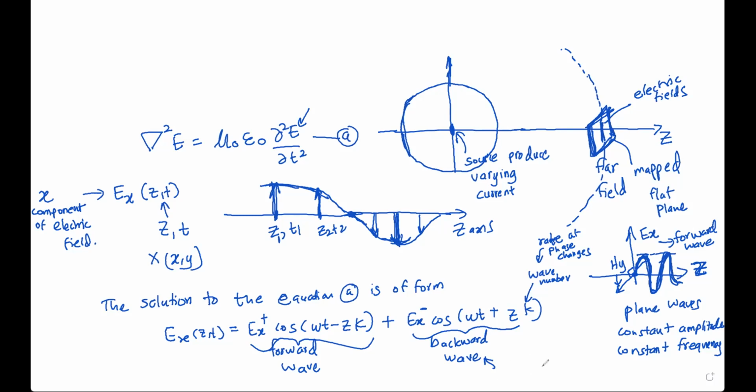So if the wave is going and hitting a certain object in space, then a backward wave is generated. Only in that case might we need to consider the backward wave. We will consider this backward wave in the transmission line section. Until then, we will only consider the forward wave to analyze the uniform plane wave occurring in this location.